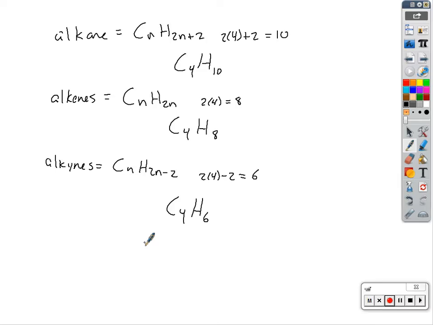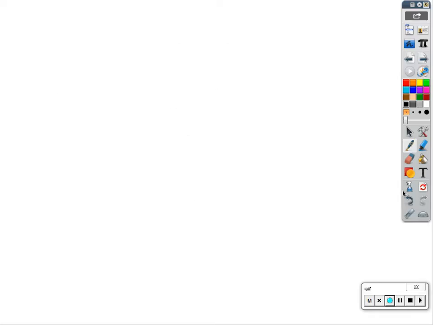The other way we can apply these general formulas is in a situation where I give you the formula and I ask you what it is. So I give you C7H12. And I ask you, is this an alkane, an alkene, or an alkyne?